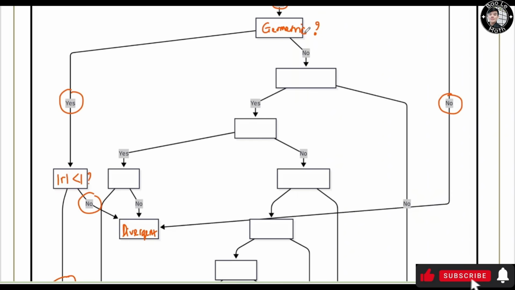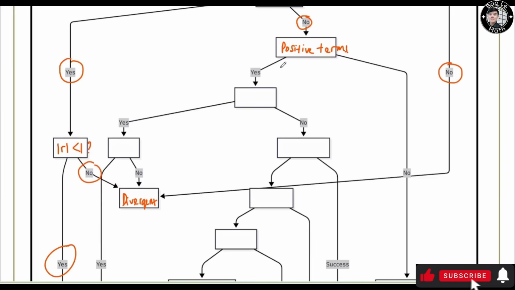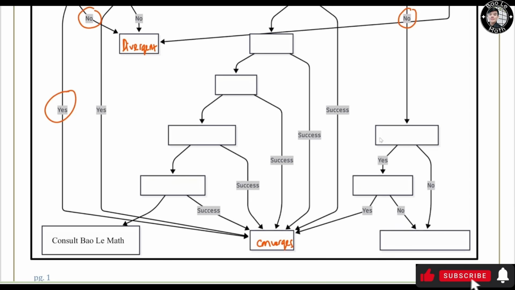If the series is not geometric, then you check to see if there are positive terms. If no, you check to see if the sign alternates. If yes, you check to see if the series is decreasing. If the series is decreasing, then the series converges.